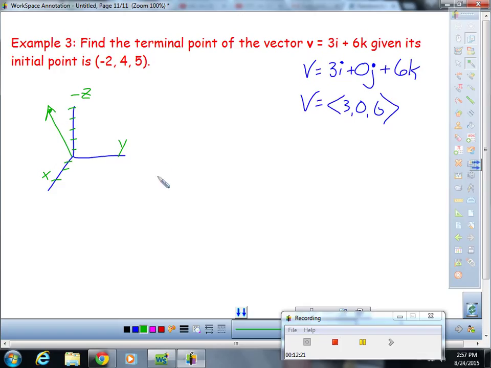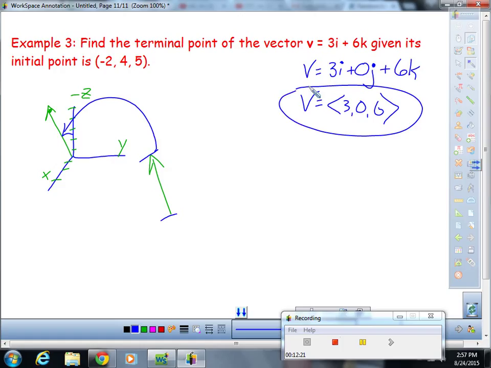This vector could be somewhere way over here, out in space somewhere. But when we write it, we kind of copy it and move it into its original position starting at the origin. So that's what's happening here, okay? This is what the vector looks like when we started at the origin, but it didn't start at the origin, it started here.